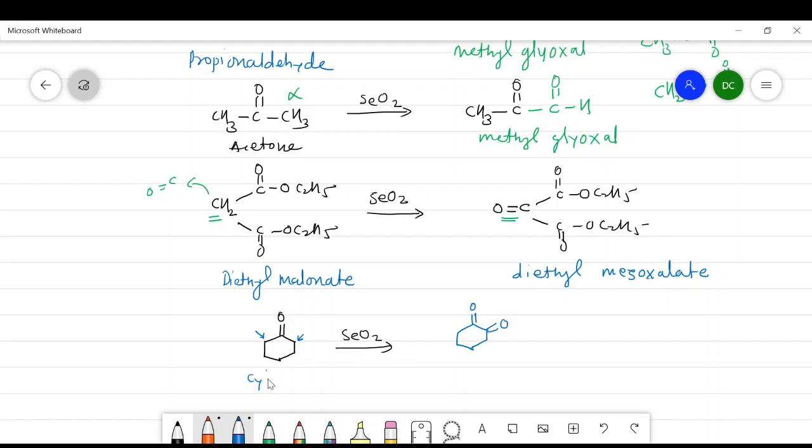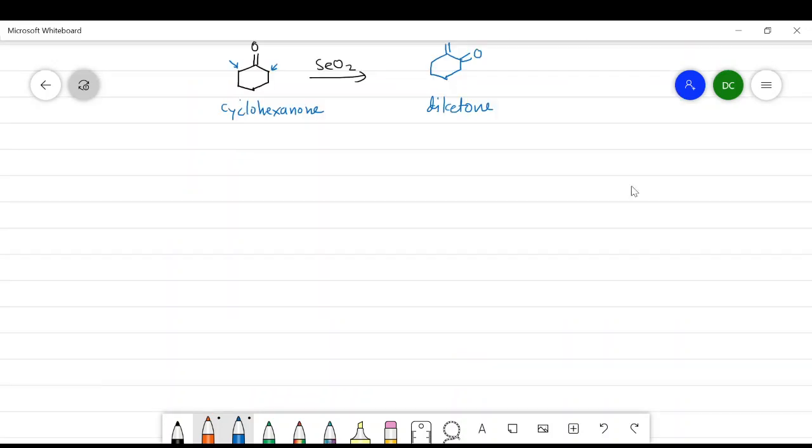So cyclohexanone is converted into the corresponding cyclic diketone. In this way, one can oxidize a CH2 group or CH3 group using selenium dioxide, in which there occurs a Riley oxidation.